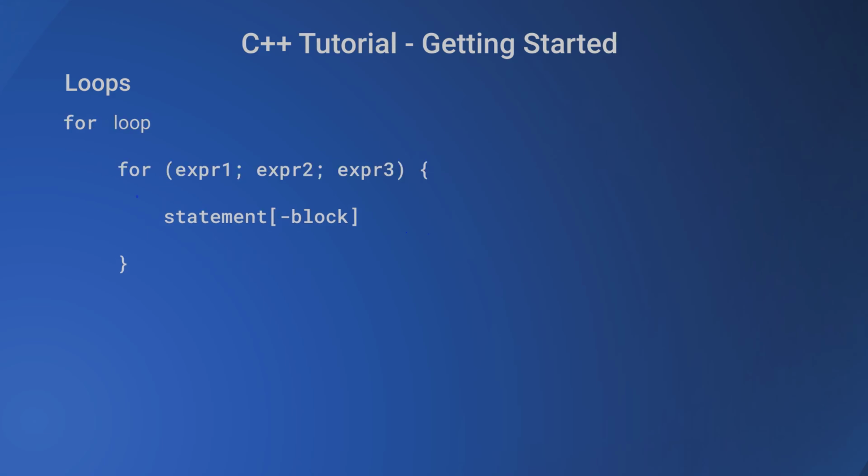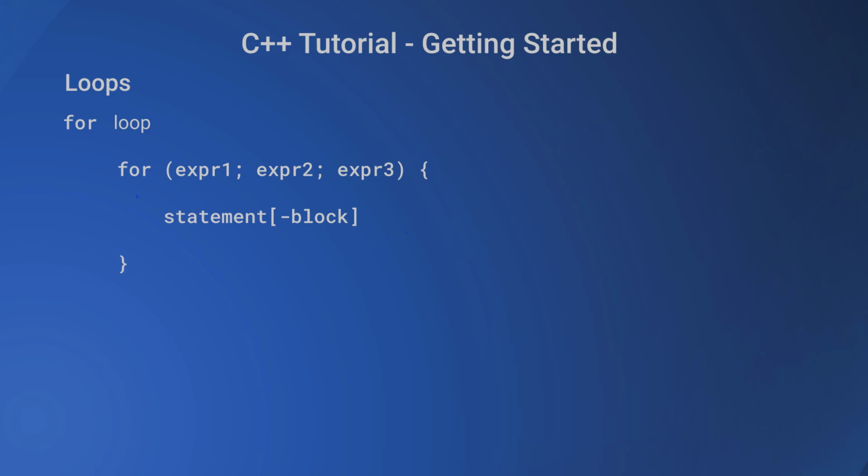Then we have the for loop, which is the most heavily used loop construct in programming. And the for loop is like for expression 1, expression 2, expression 3 statement. At the start of loop, expression 1 is evaluated. At start of each iteration, expression 2 is evaluated.